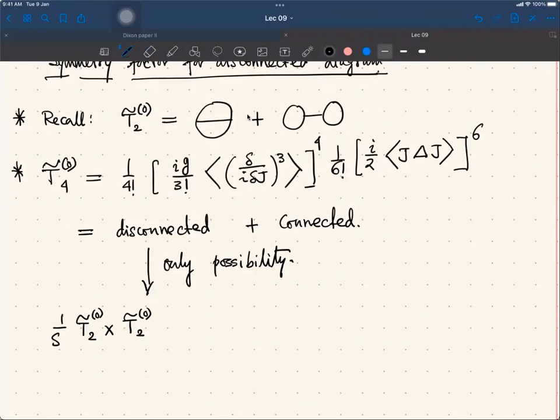Both components in the disconnected piece should be vacuum graphs, and you cannot have a vacuum graph with 1 vertex, as we discussed before. So it has to be at least a minimum of 2 vertices. So this is the only possibility, and diagrammatically it is given by this.